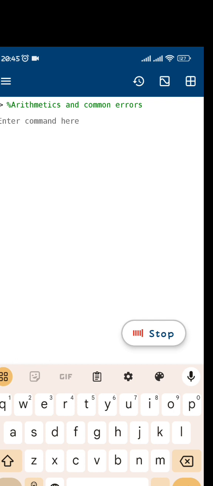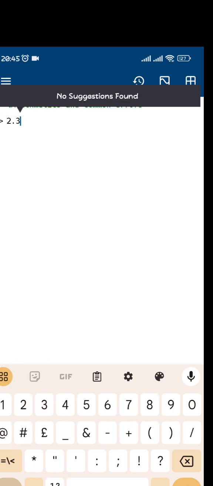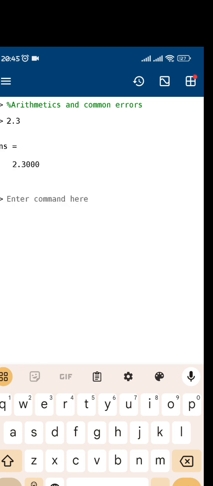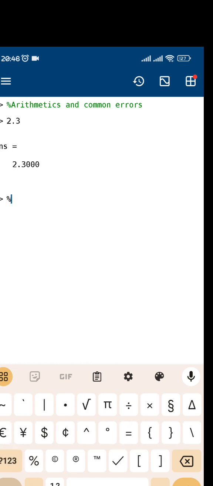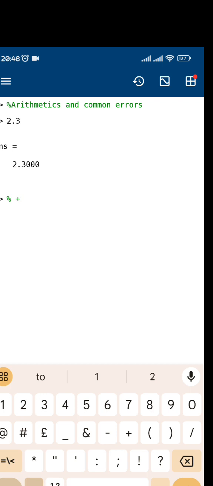For example, if you write 2.3, you can see that it doesn't make sense for MATLAB to multiply those numbers. So it means there are particular commands that would be used in MATLAB to perform the arithmetics. For addition you will use this symbol.